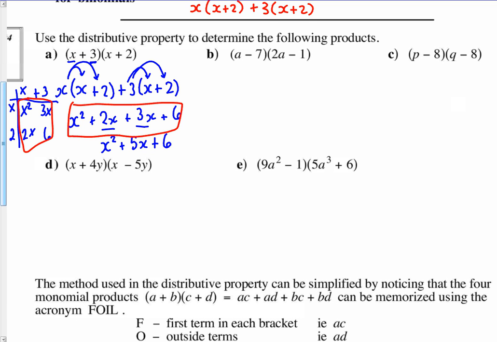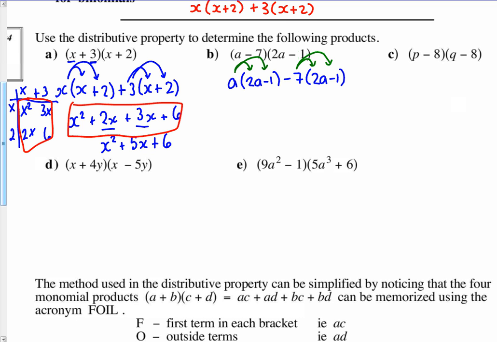Okay, so how would I write B out with the distributive law? I would take a and multiply by 2a minus 1, and then I take negative 7 and multiply it by 2a minus 1. Great. So now we use the distributive law. Now we can use our arrows. Let's go.